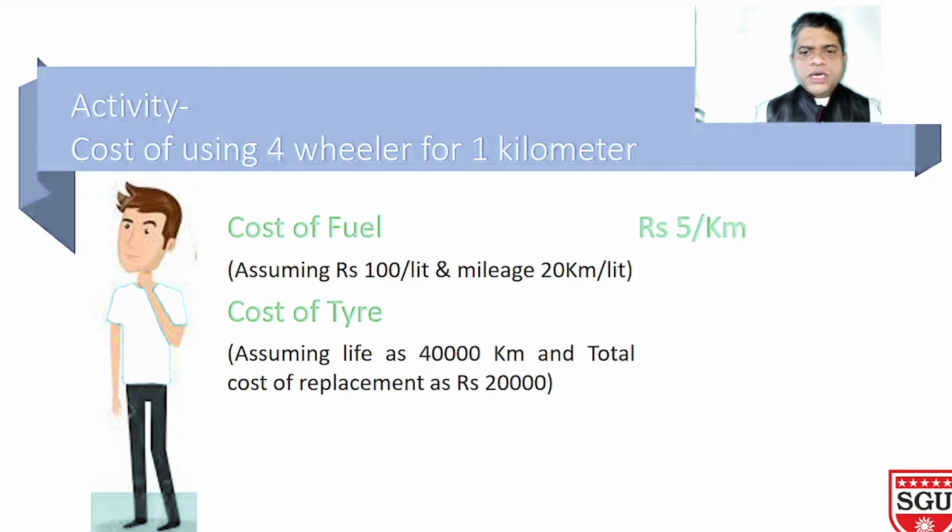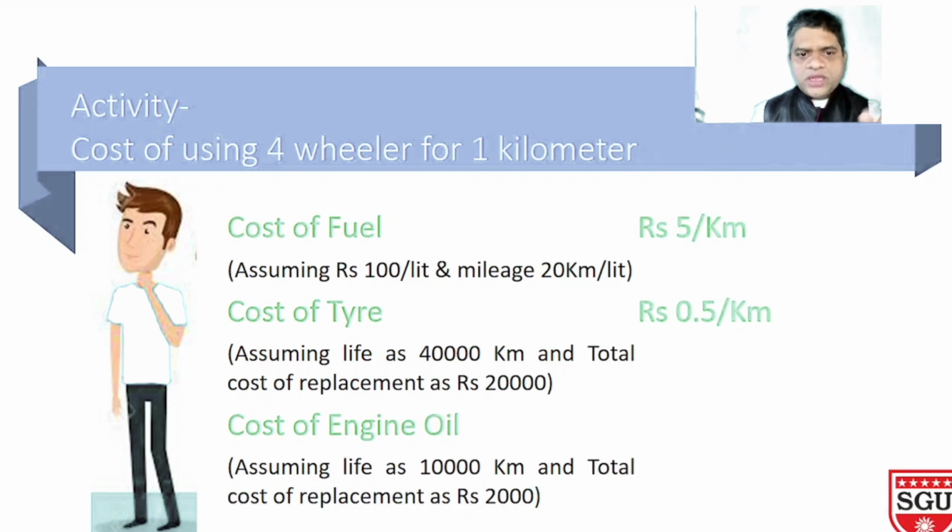And let us assume the cost of replacement is around rupees 20,000, based on the current market price. So we need to add this cost of tire to the cost of fuel. If you calculate based on the life and this cost of replacement, you will come to know it is roughly rupees 0.5 per kilometer, that is 50 paise per kilometer. So it is not 5. Now 50 paise has been added as the cost of tire.